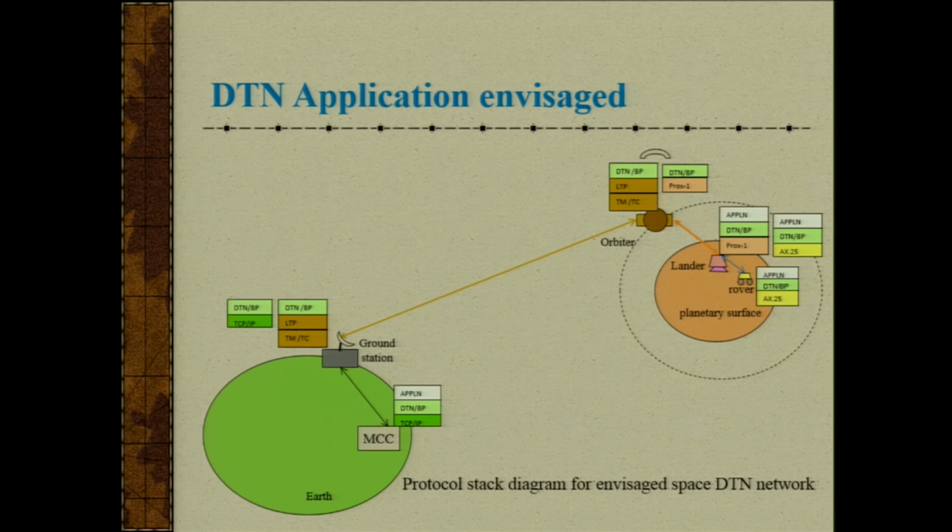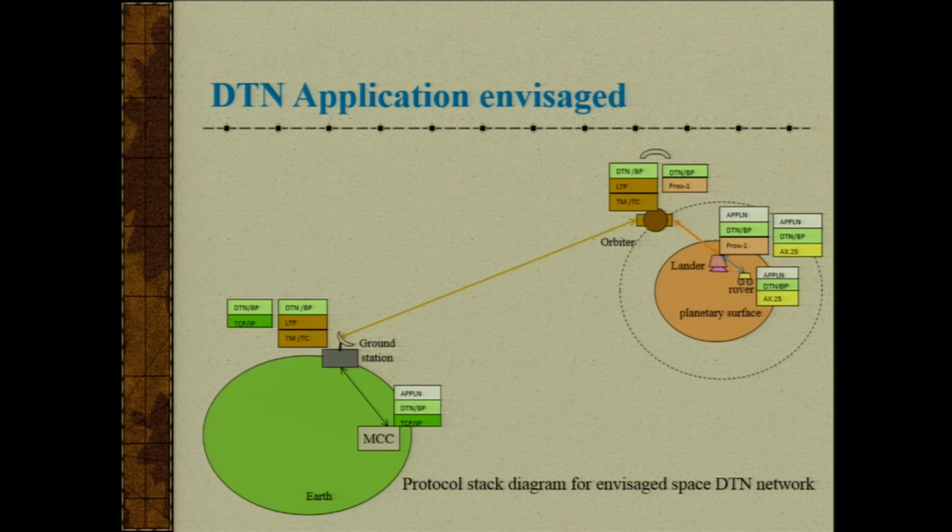So the MCC connects to the ground station over TCP/IP, and from the ground station to the orbiter, the bundle protocol and DTN is built on LTP, the Licklider Transmission Protocol, and it operates over the TM and TC link.